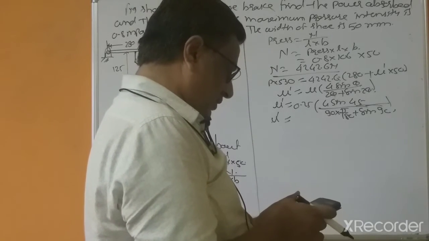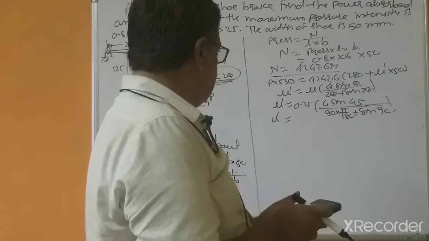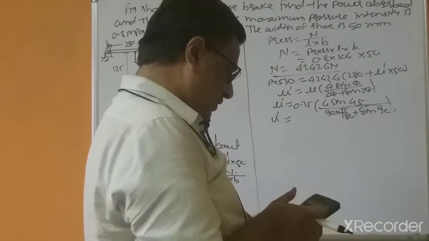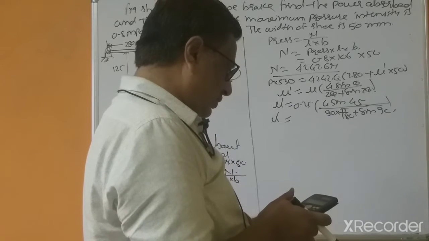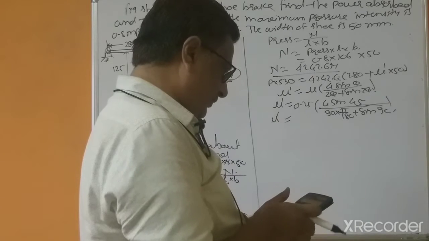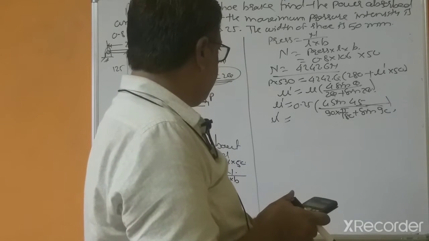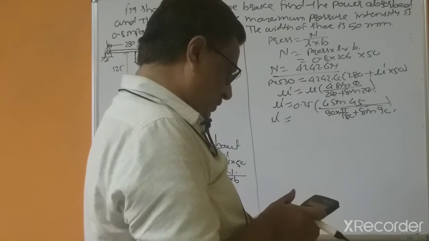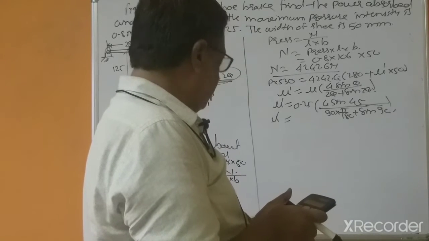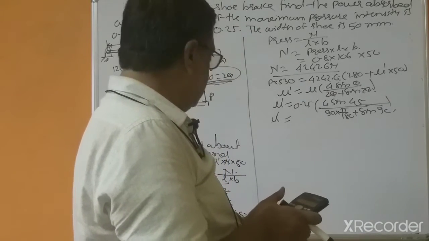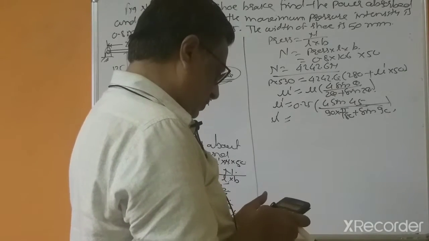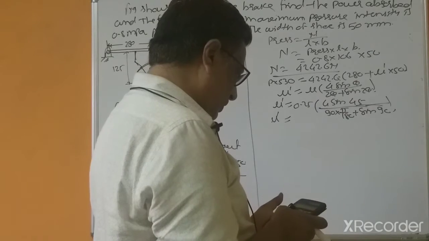So 90 into pi divided by 180 plus sin 90, 1 divided by the answer multiplied by 4 multiplied by sin 45 multiplied by 0.25.